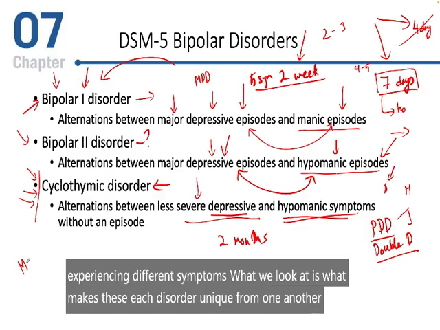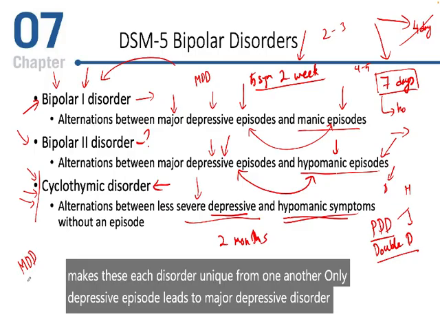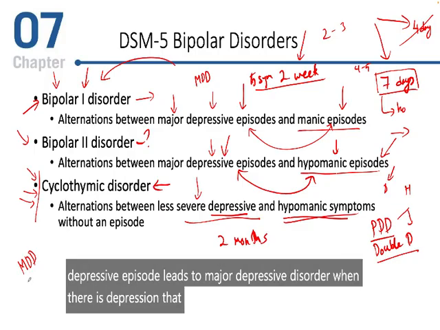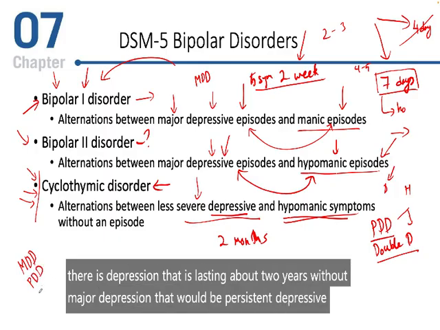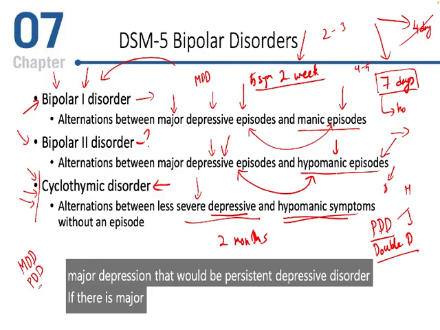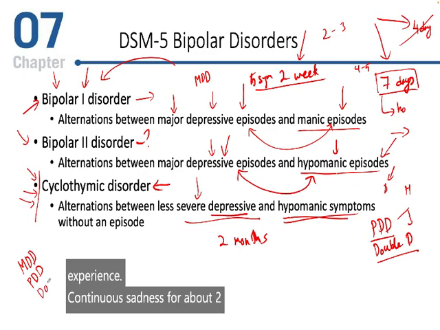Only depressive episodes lead to major depressive disorder. When there is depression lasting about 2 years without major depression, that would be persistent depressive disorder. If there is major depression and continued sadness for about 2 years, then we call it double depression.